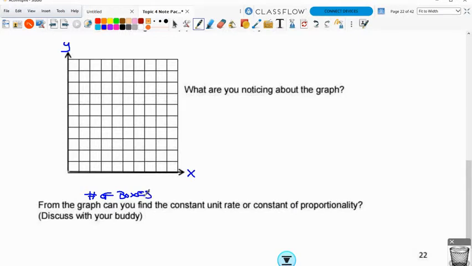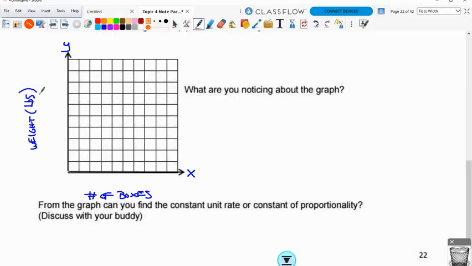And for the y data, I'm going to label this as the weight. And in parentheses, I'm going to put pounds so that I know how I'm weighing the boxes. So you always label the x and the y-axis, and then you need to title them with their data. In this case, boxes and pounds.